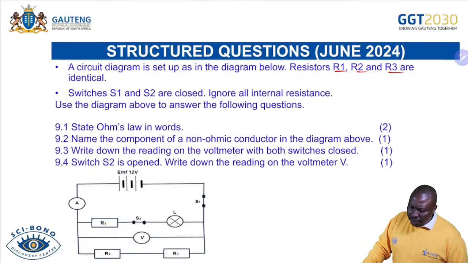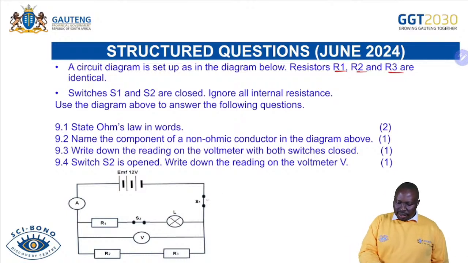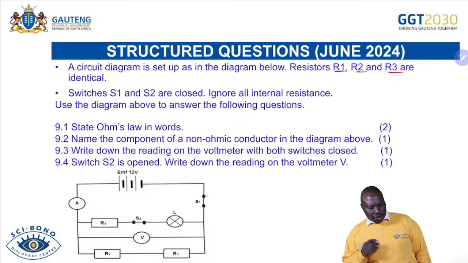Now they are saying switches S1 and S2 are closed. So you can see, hence I indicated that the switch is either open or closed. There's nothing referred to as just a switch. You will call it an open switch or a closed switch. So we have closed switches here, S1 and S2. They are both closed.